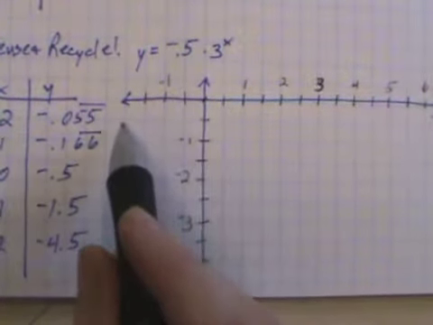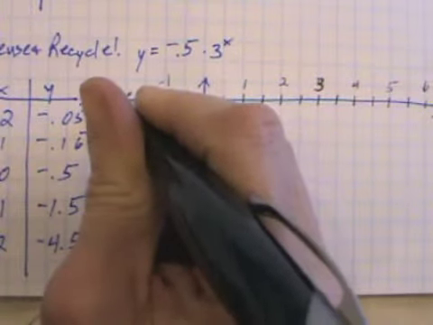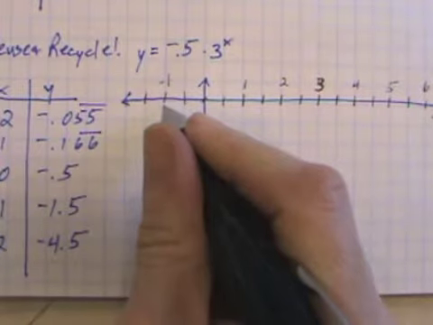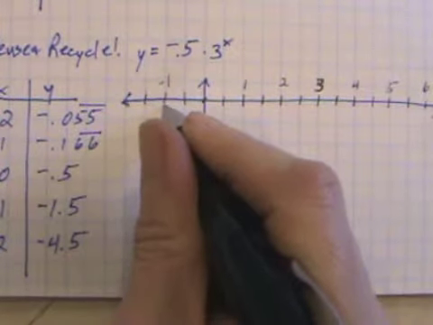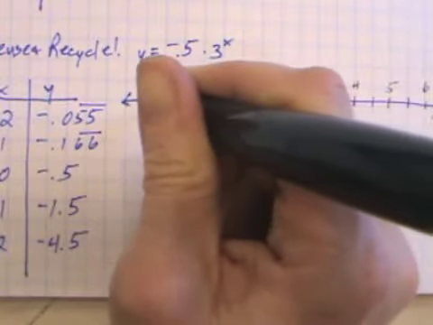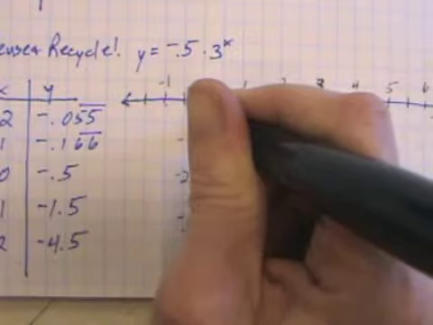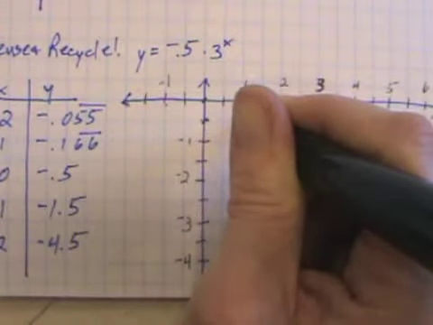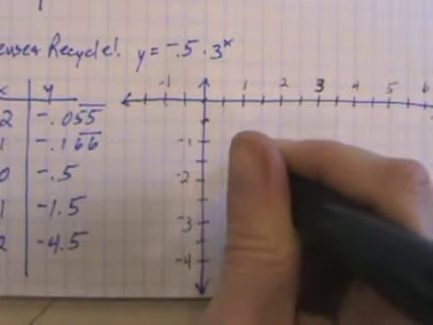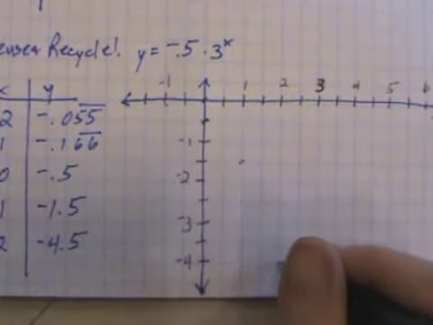If x is -2, y is negative just barely above the line. If x is -1, y is going to be still just barely above the line. When x is 0, y is -0.5. When x is 1, y is -1.5, and so on.